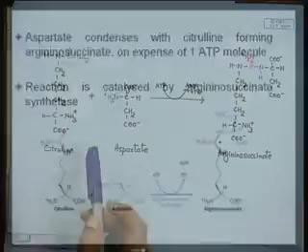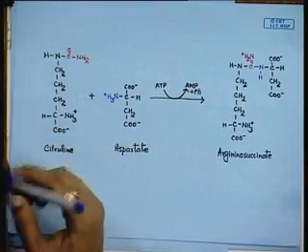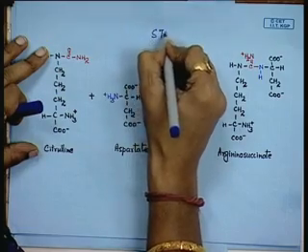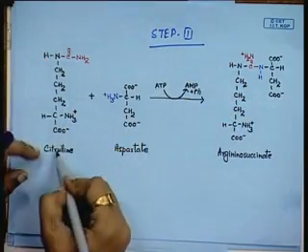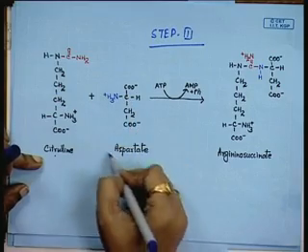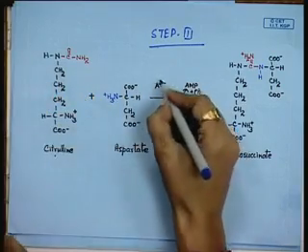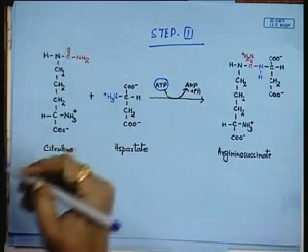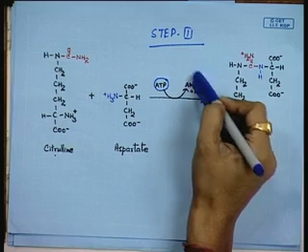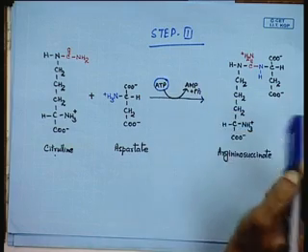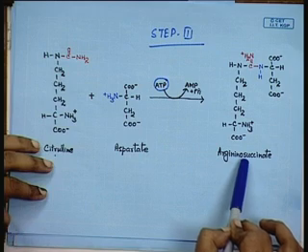If we see this citrulline, which is the end product of the second step, in step 3 this citrulline, in presence of aspartate, undergoes a condensation reaction in the presence of one molecule of ATP, which produces one AMP and inorganic phosphate, and arginosuccinate is produced.